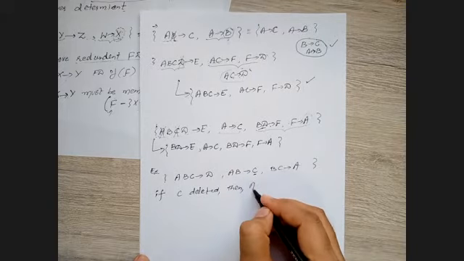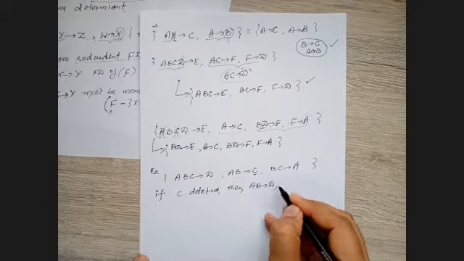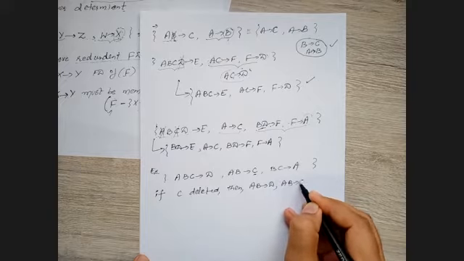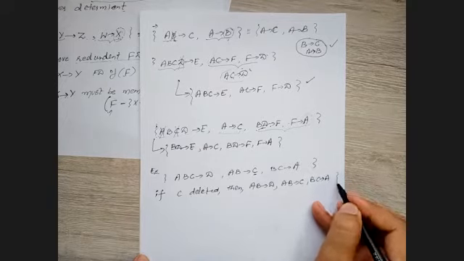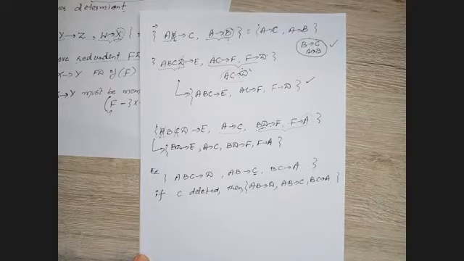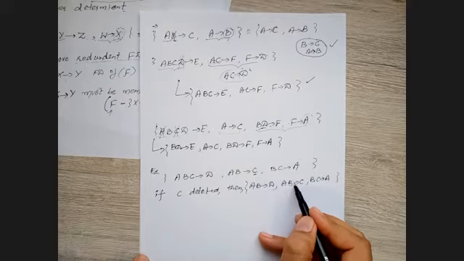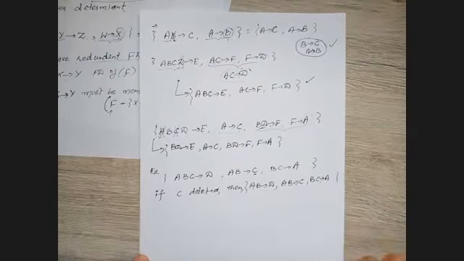AB gives D, AB gives C also, and BC gives A. We can combine this one: AB gives CD, no worries, and BC gives A.